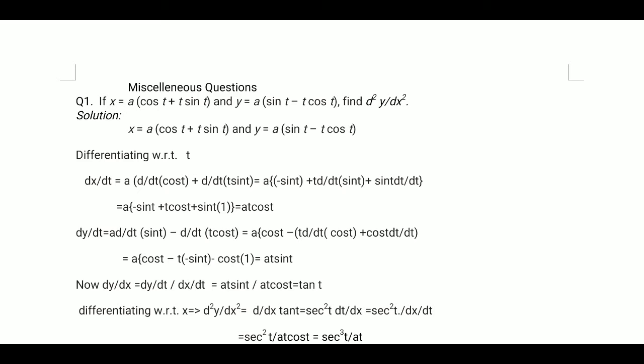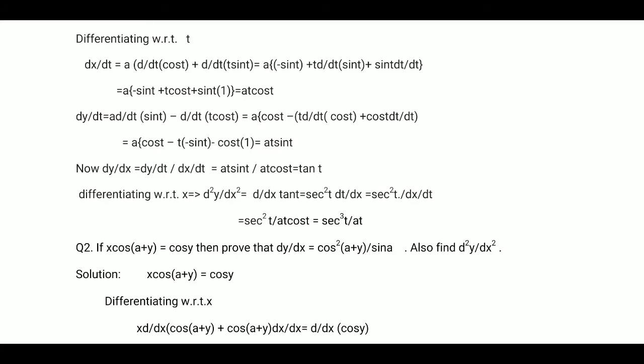So we get a [cos t minus (t times minus sin t, minus cos t into 1)], and after calculation we get a t sin t, as cos t and minus cos t cancel out. Now dy upon dx is dy upon dt upon dx upon dt. Putting the values, a t sin t upon a t cos t is equal to tan t, as a t cancels out. So dy upon dx is equal to tan t.